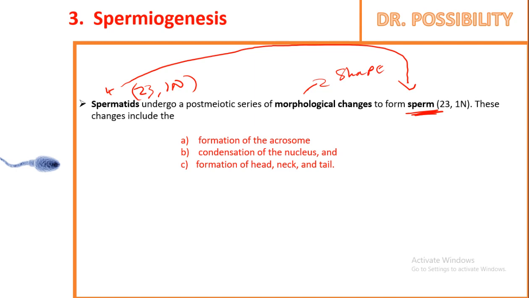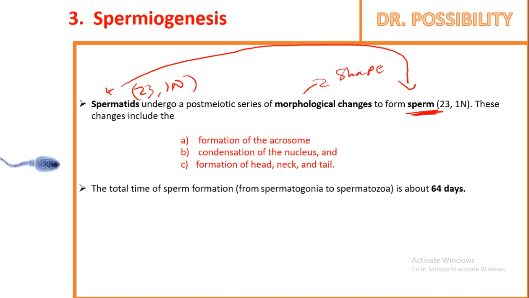So now we have talked much about this. Can we really know the time it takes for this process to happen? This process takes about 64 days. Remember, we are not going to talk about the sixth week. No, we are just going to pick it up from puberty.